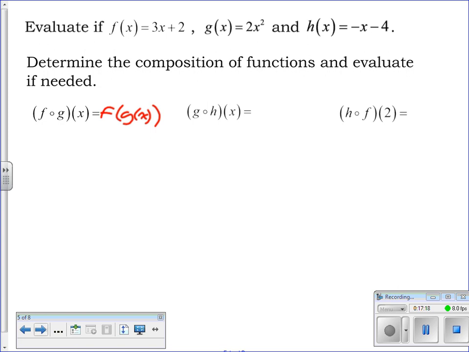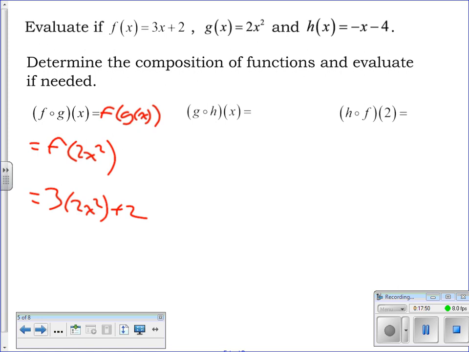That means I take g of x, stick it into f of x. This means that I'm really doing f of 2x squared. G of x is 2x squared. I took the x in f, replaced it with 2x squared. So 3 times 2x squared plus 2.